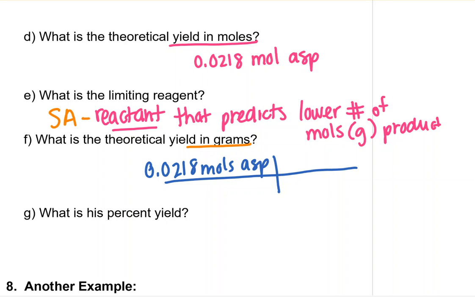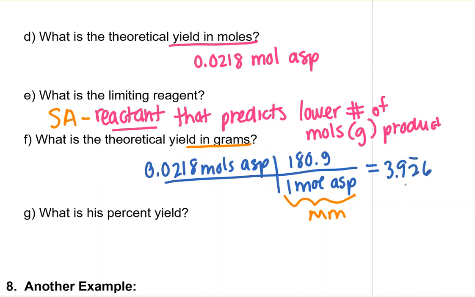It won't be so close that you can't tell. To do this, I need to use the molar mass of aspirin. If it were an answer, I need to round it to sig figs.